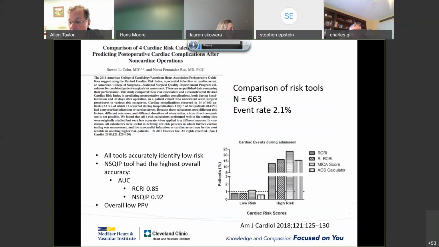So most do not have an event. And that remains a problem, that the positive predictive value of these tools is quite low, which really begs the question, if a patient is not low risk, that is, they are higher risk, really what should we be doing for that patient to identify how to best get them through surgery and to monitor them?